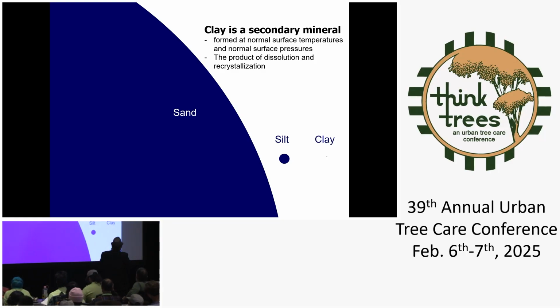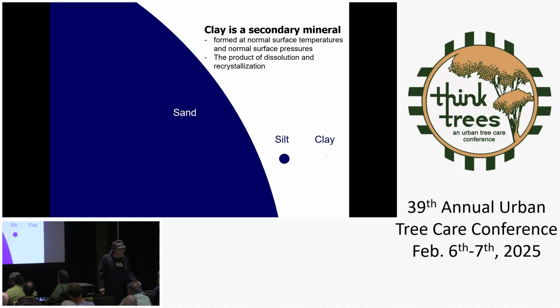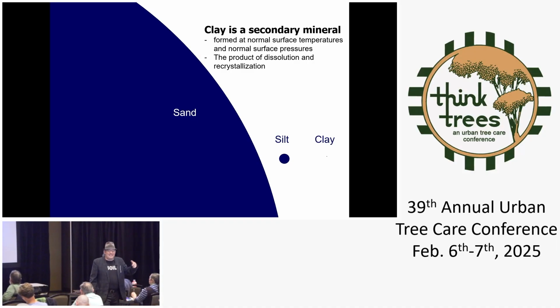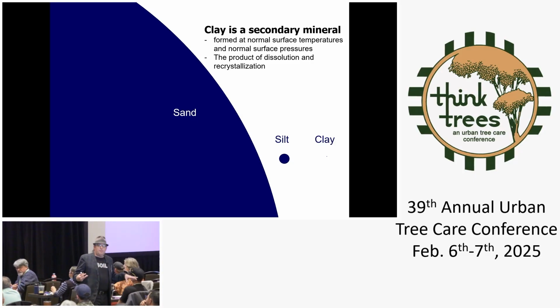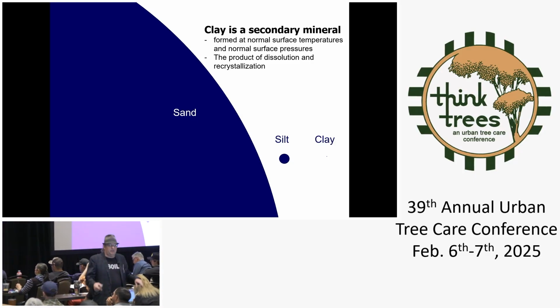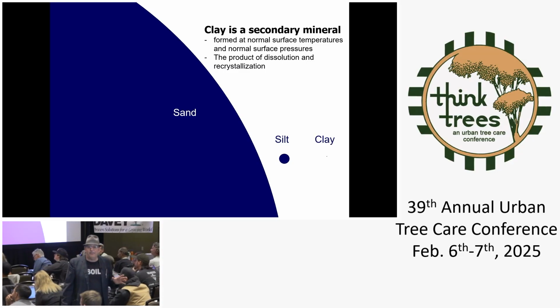Clay is formed at normal surface temperatures and normal surface pressures. It is the product of dissolution and recrystallization. When primary minerals dissolve at the surface of the earth, many of them become nutrients, but some of them form crystals that can get to 0.002 millimeters, and that's what clay is. It's a different thing.